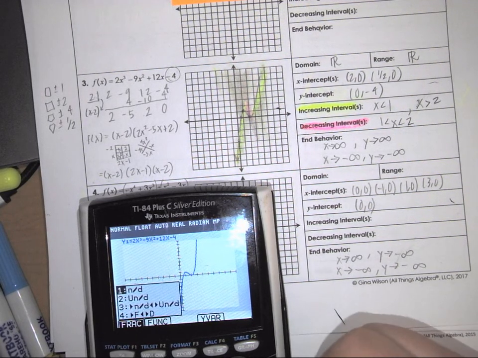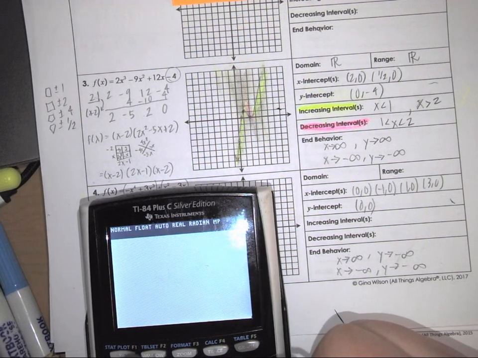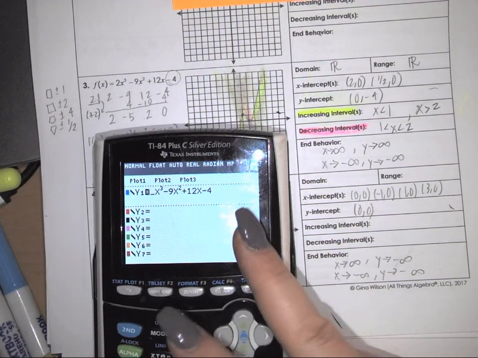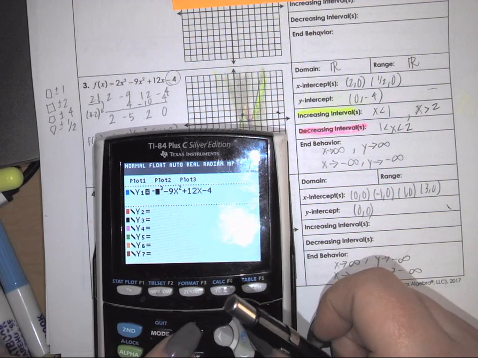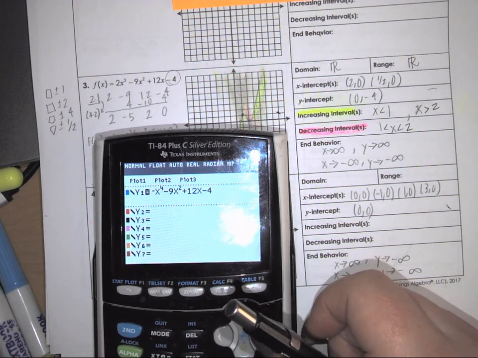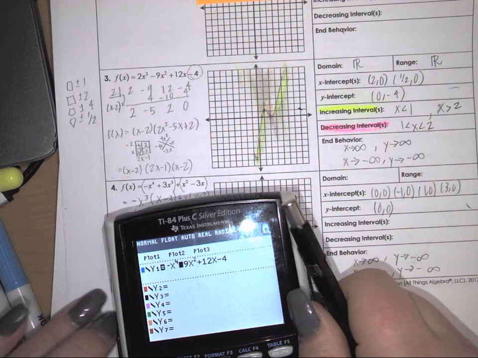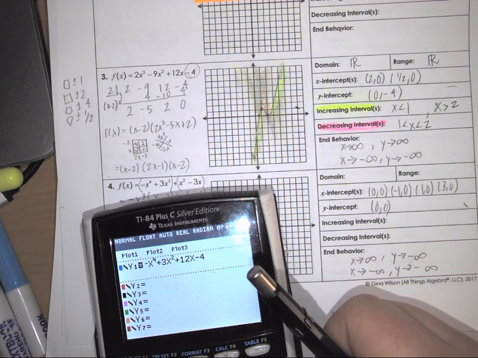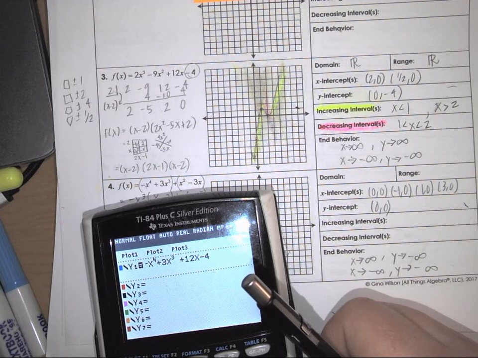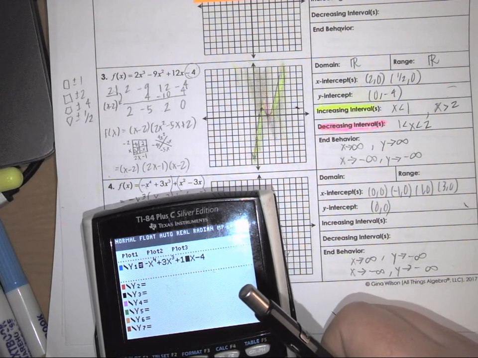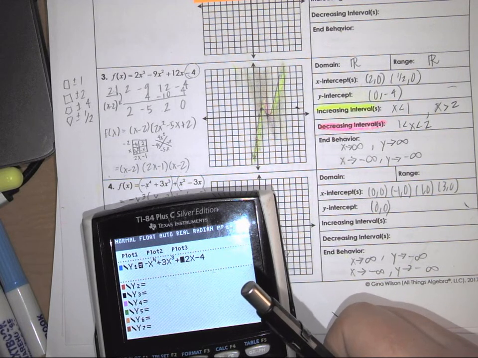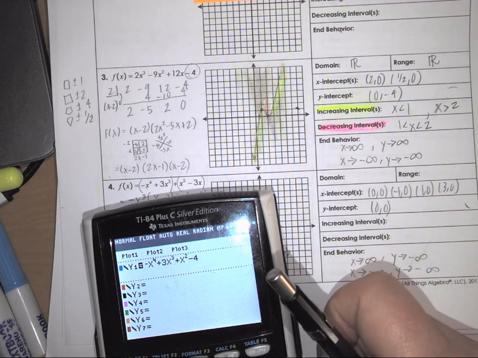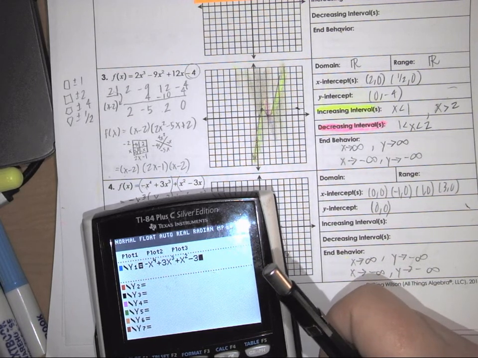So if I go to y equals, and type this in: negative x to the 4th plus 3x cubed plus x squared minus 3x.